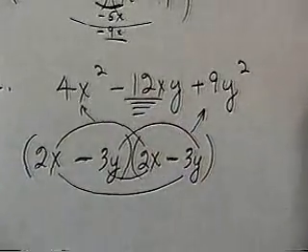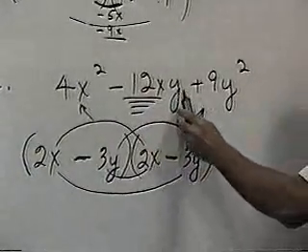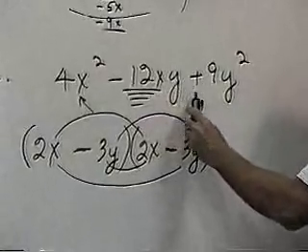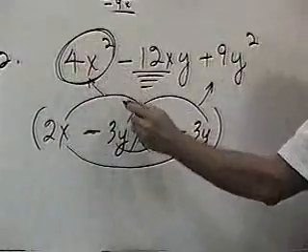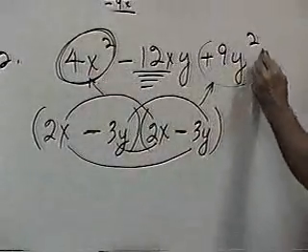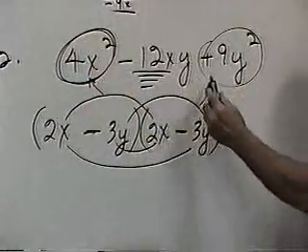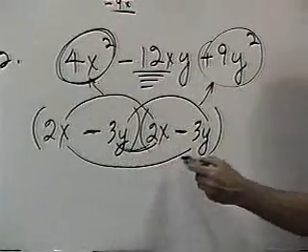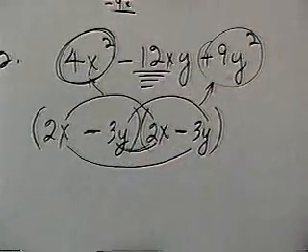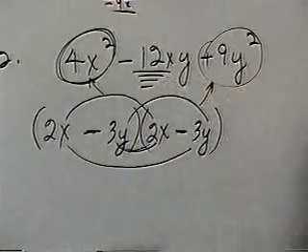Does check. So don't let other letters be a problem in here. It's simply the first times the first, better give us that one. The last times the last, better give us that one. And then, if we've done it correctly, the inside added to the outside should equal the middle term.